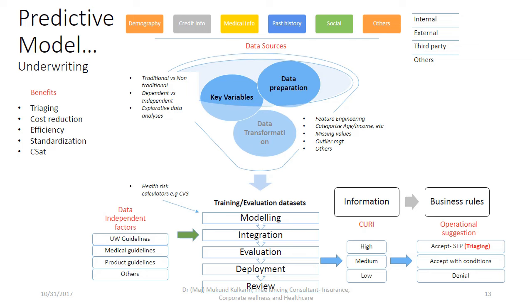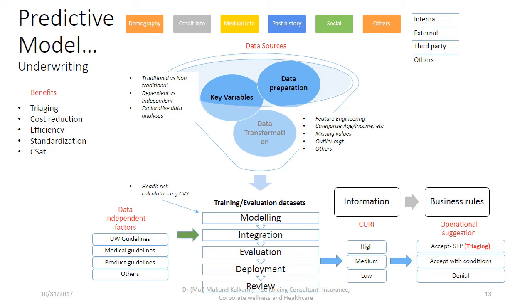That is where the subjective expertise can modify the weightages, modify the selection of variable parameters, and also include some other parameters, like inbuilt calculators or guidelines, which are more data-independent factors, such as medical guidelines.